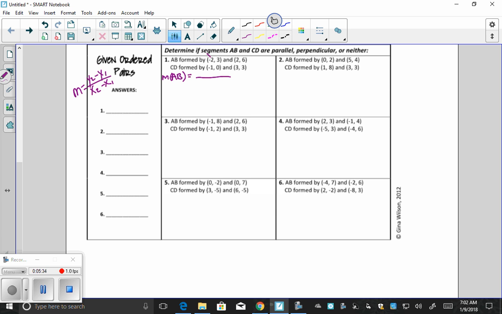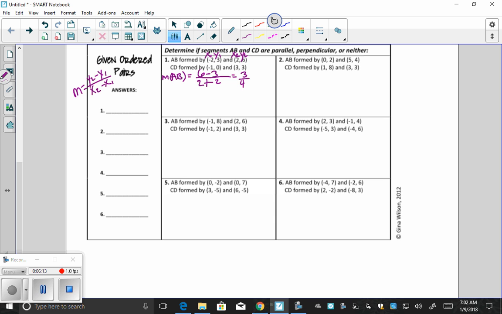So if you want to label it again, you can: x1, y1, x2, y2. You should have gotten 6 minus 3 over 2 minus negative 2. Two negatives side by side become a positive. So 6 minus 3 is 3. 2 plus 2 is 4. That is the slope of my first line.